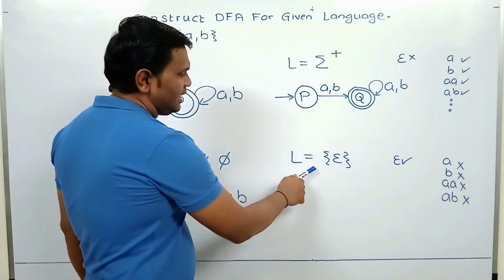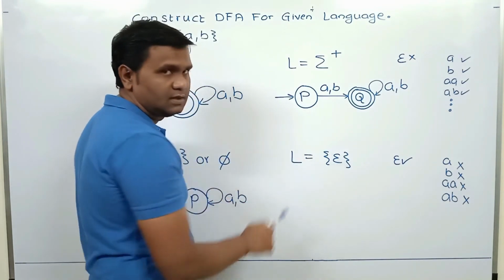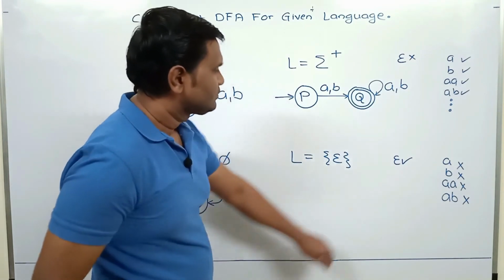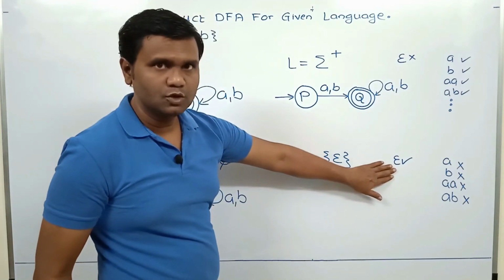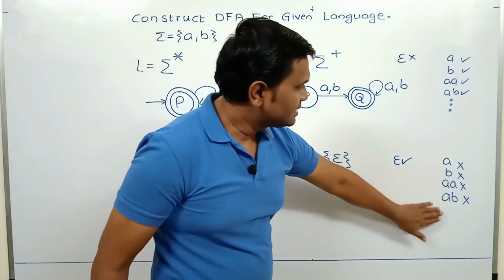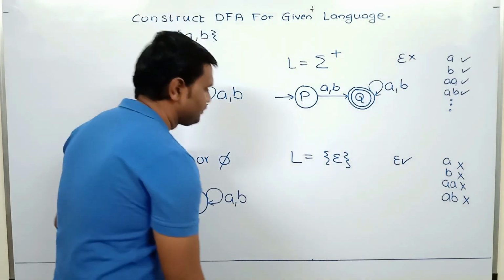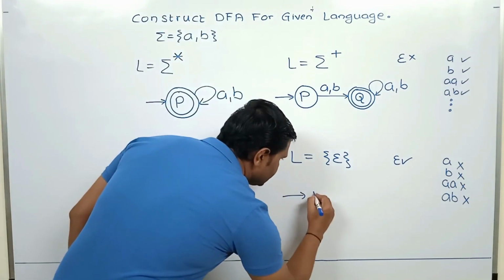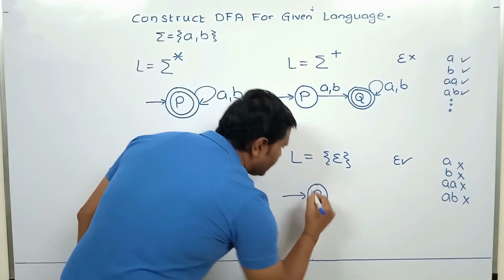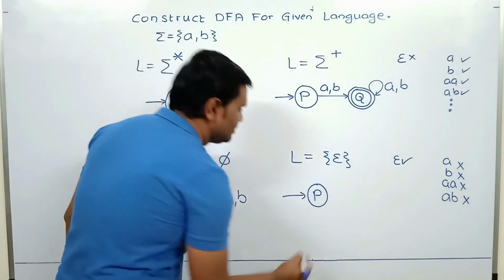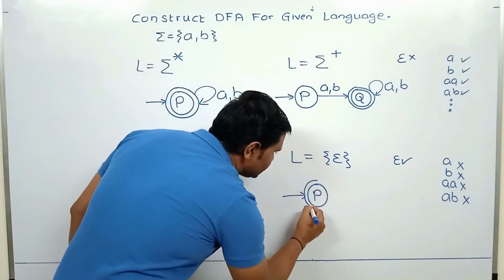Now when we consider L equal to only epsilon, the language contains only epsilon. So only epsilon should be accepted. Every other string should be rejected. So we take initial state P. Epsilon is part of the language. So we mark the initial state as a final state.